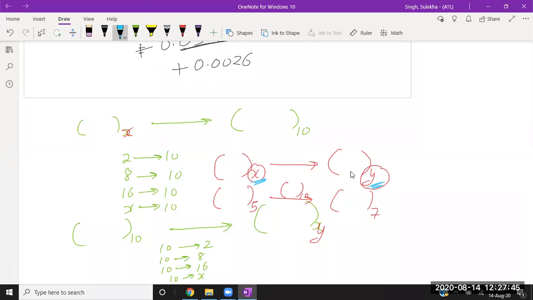Because from our beginning, from our nursery classes, all the mathematics, all the subjects, whatever calculations we are doing, we do in the decimal number system. We are not doing it in hexadecimal. But whatever the machine is doing, it does in the hexadecimal number system.